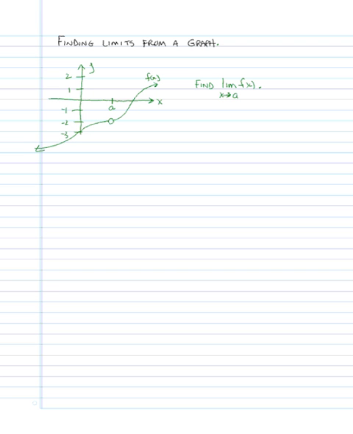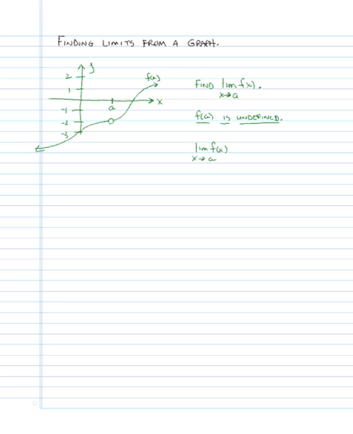Notice that f of a is undefined. There's not a value of y when x is equal to a. So this is an important concept: in this case, f of a itself is not defined. Now, let's get back to the question of what is the limit of f of x as x approaches a.